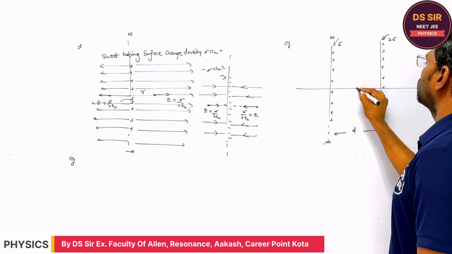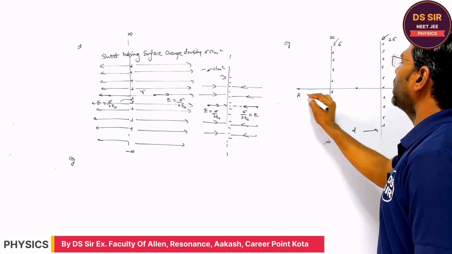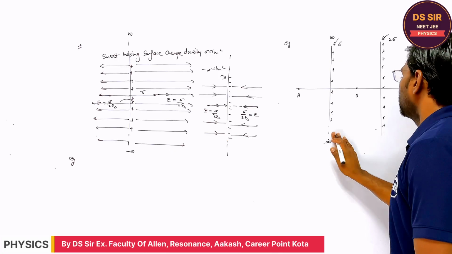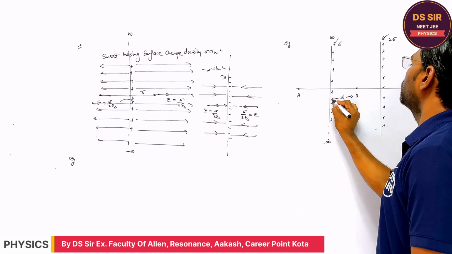And now we have the 3 points. This is the point A, this is the point B, this is the point C. Is it clear? Suppose each of these distances is assumed to be d.